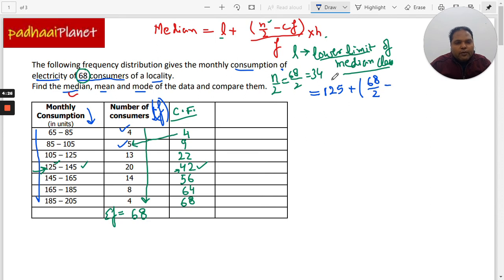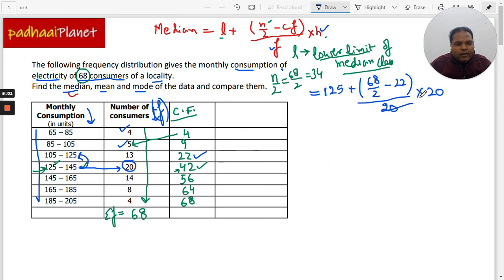Then the cumulative frequency of the preceding class, so we'll write 22 here, divided by the frequency of the median class, then multiplied by H, the class size, which is clearly 20.